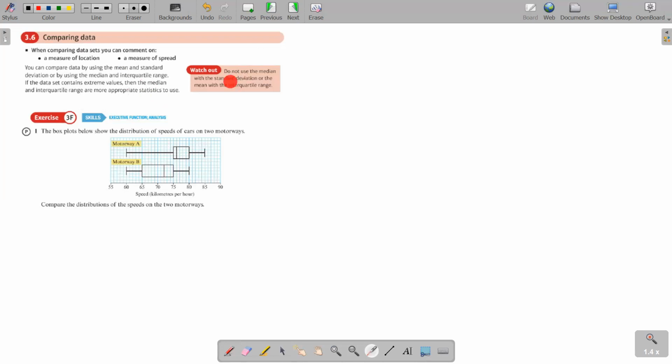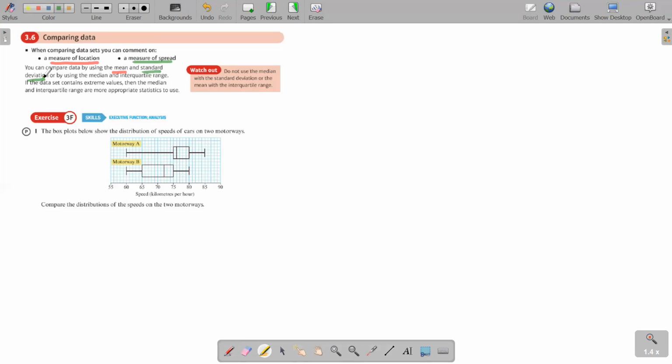And they say do not use median with the standard deviation, or the mean with the interquartile range. So you shouldn't mix them. When comparing data, there is a norm. If you are using mean as the measure of location, for the measure of spread you should use standard deviation.